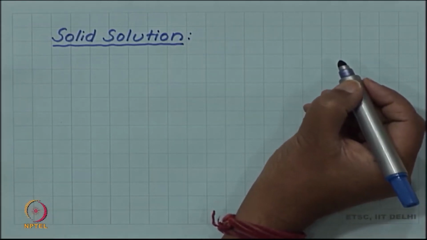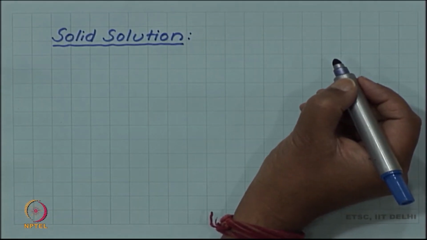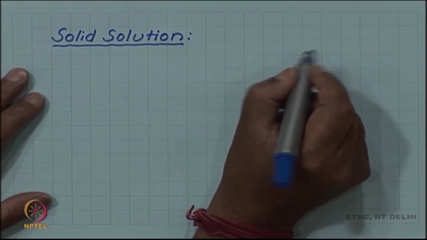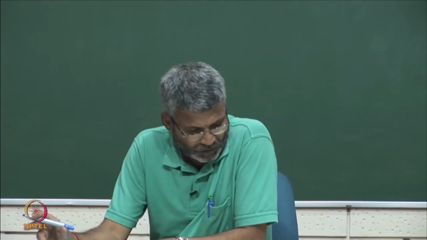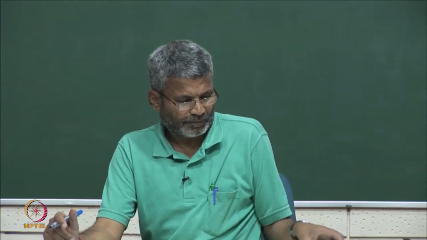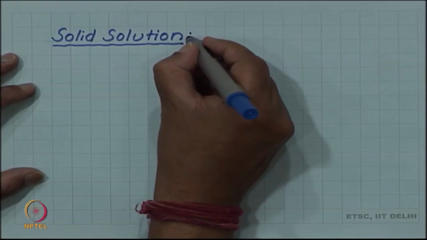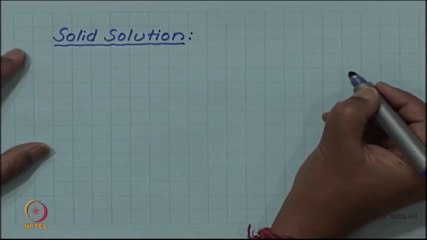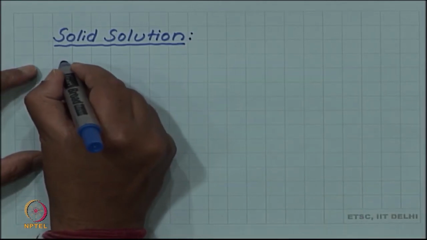So, we have already said that solid solution can be of variable composition and has a crystal structure which is that of one of the components. Two kinds of solid solution have been identified. Before we discuss that classification, let us discuss some examples.